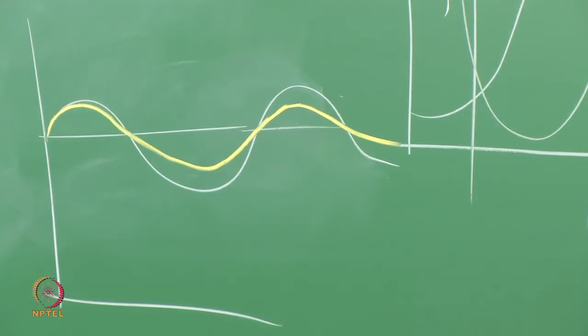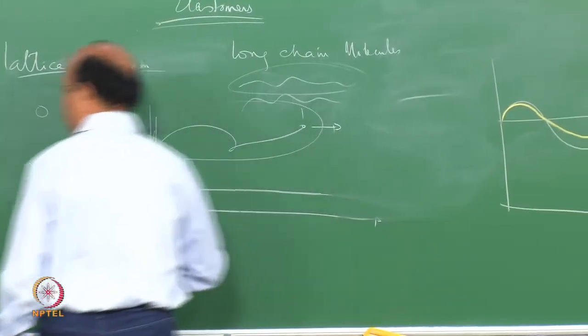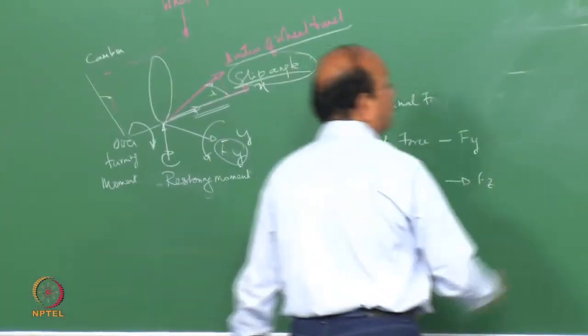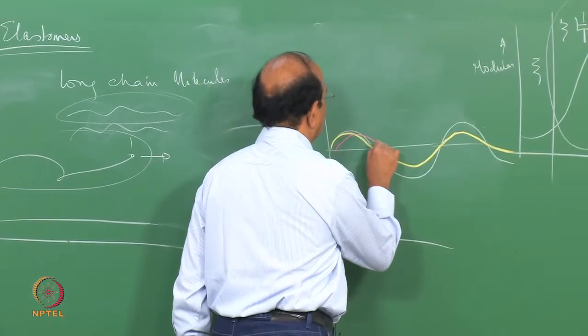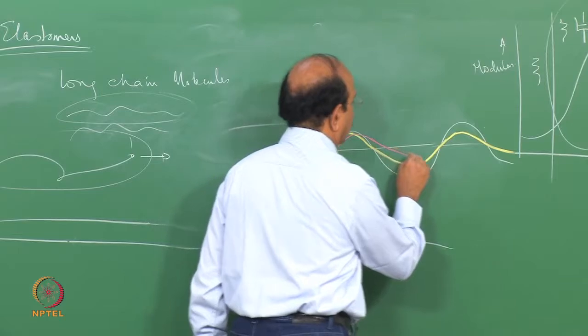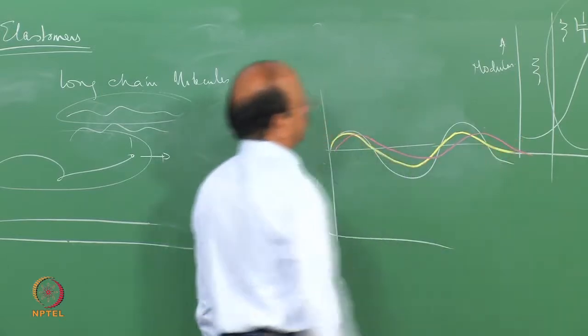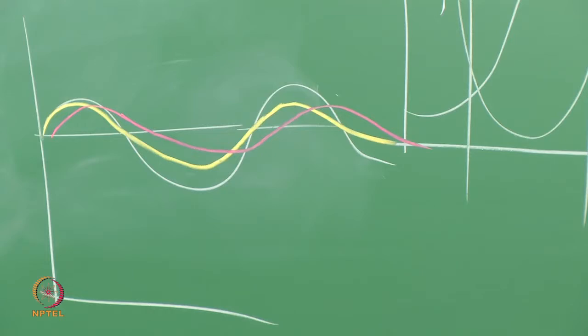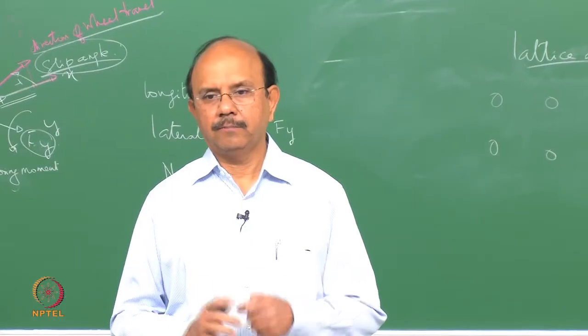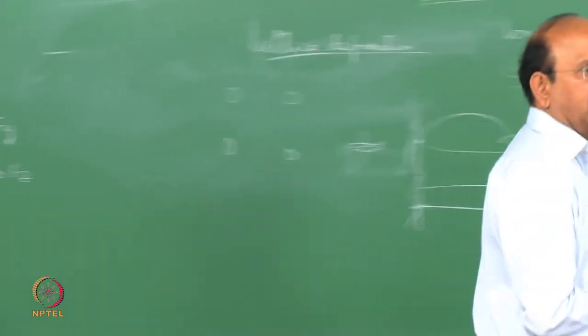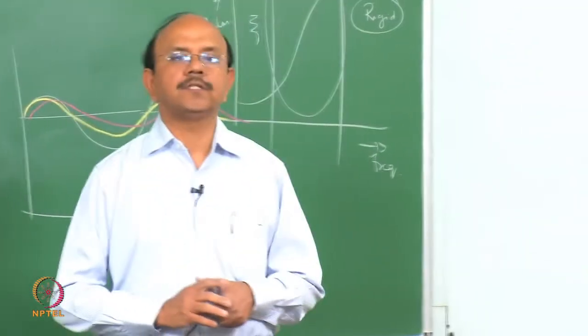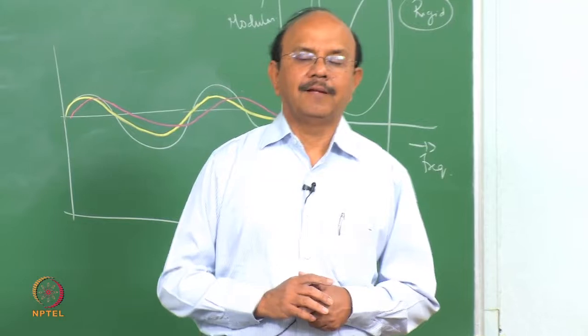On the other hand, in this material, because of the viscous effect, there is a time delay between the stress and the strain, or in other words, there is a phase lag between the stress and the strain, and that's very important.